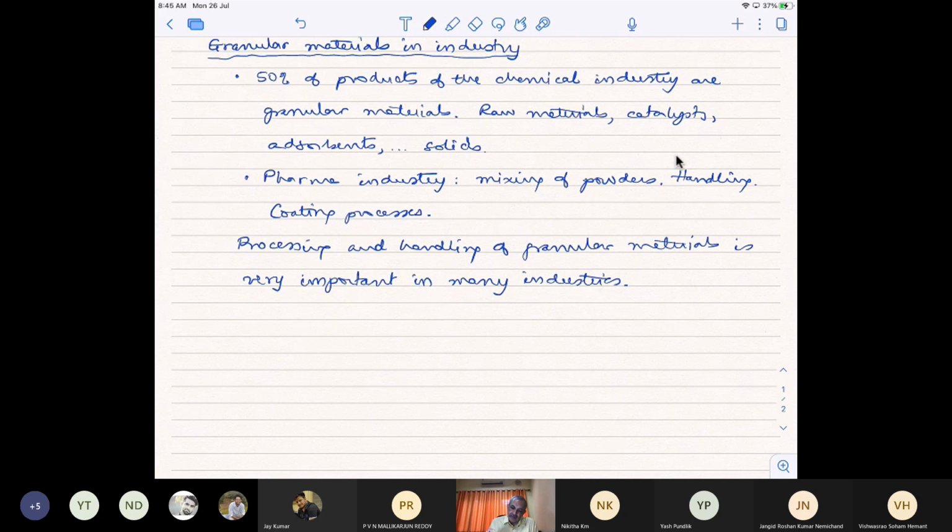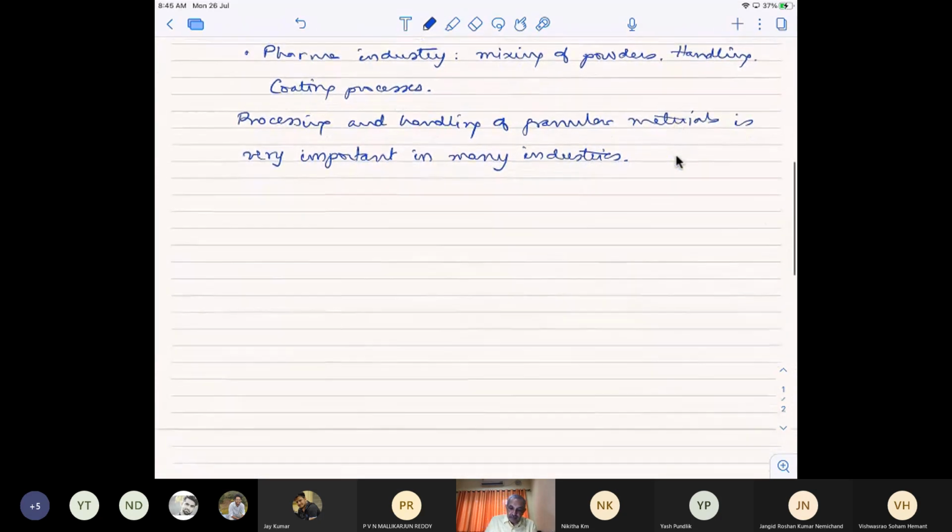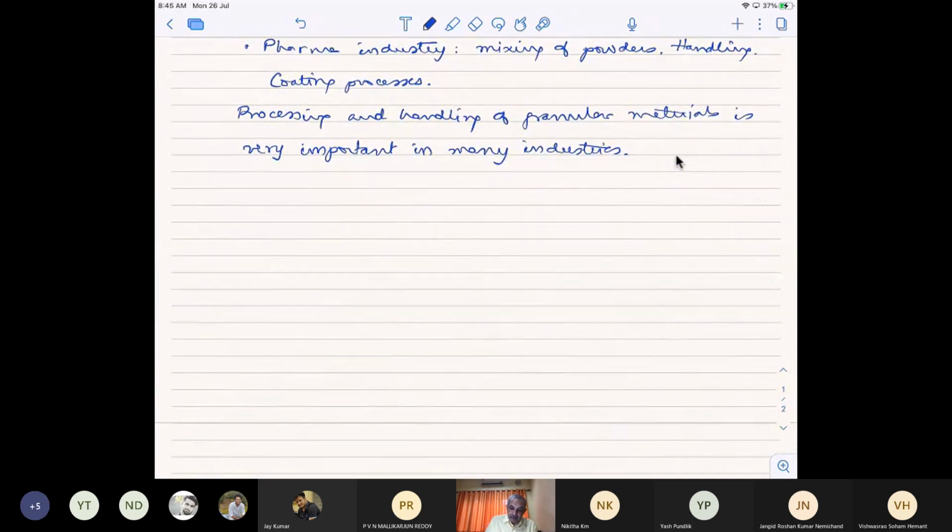And so this is the motivation why we would like to study it, and particularly in chemical industries it's quite important. But in addition to industry, there's many granular processes in nature also which are of interest.